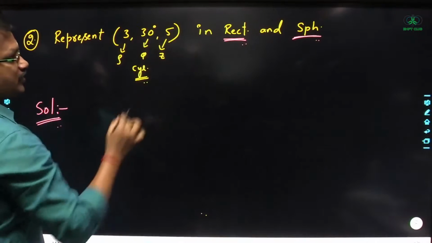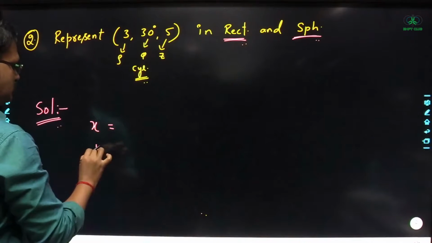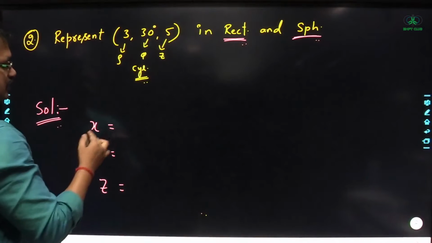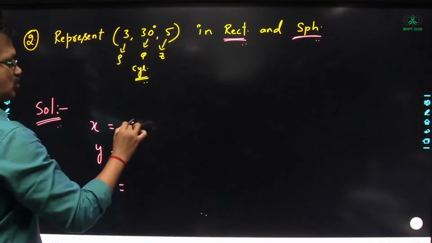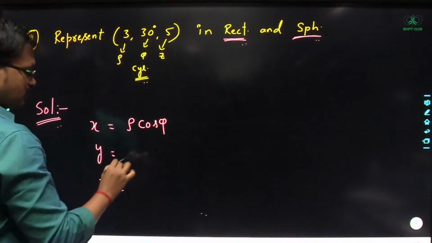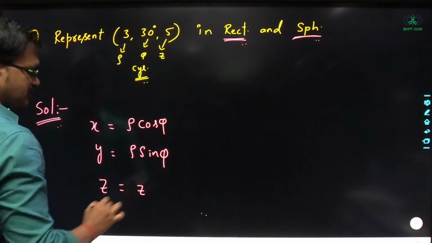You have to convert it into rectangular, and rectangular coordinates are nothing but x, y and z. We know that x is equal to rho cos phi. Y in terms of cylindrical coordinates is rho sin phi. Z is the same as z.